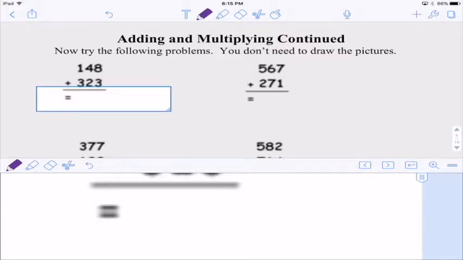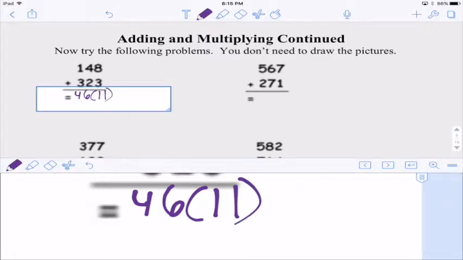So we could say 400, 6 tens, and 8 plus 3 is 11 ones. Now I put that 11 in parentheses because we know that that 11 is really, we're moving that 10 over. So we're just keeping the 1, and now it's 471, right?